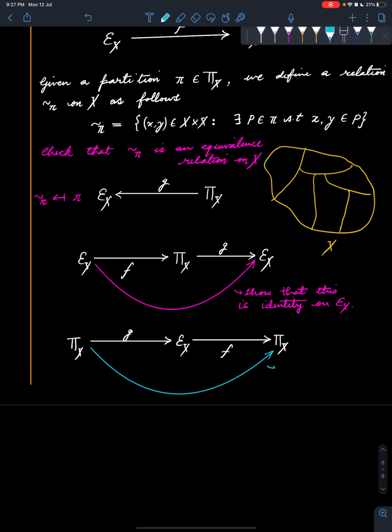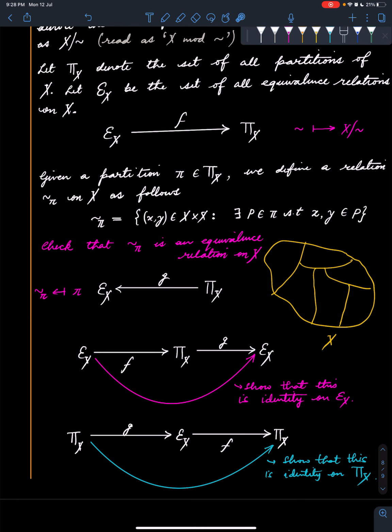So this time you show that this is identity on pi sub X. So if you start with a partition, you generate the corresponding equivalence relation and then generate the partition from that, you'll get the same thing back.